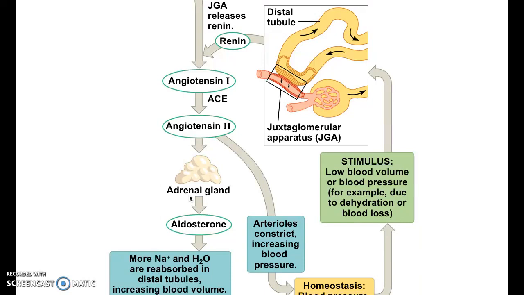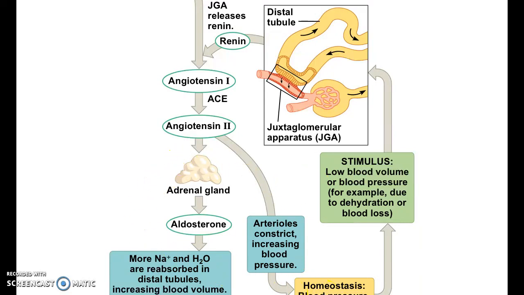Aldosterone in turn increases the permeability of the distal tubules, so more water and sodium ions are reabsorbed into the blood. Because they're reabsorbed into the blood, volume increases. So just to navigate this path all over again, RAAS is a part of the homeostasis process.